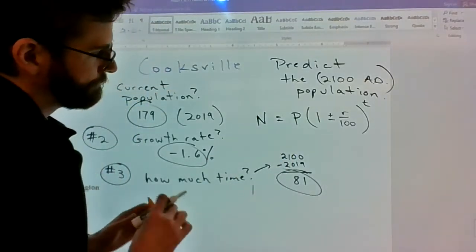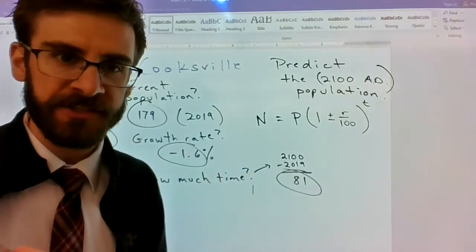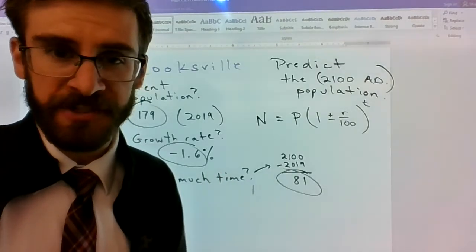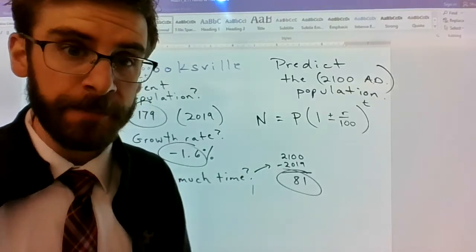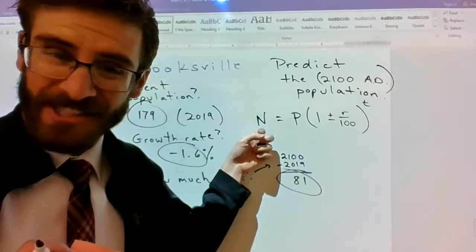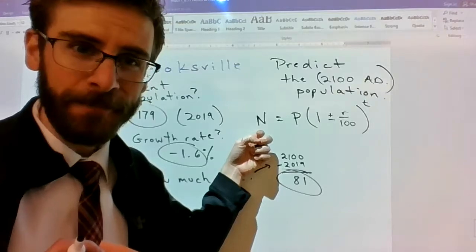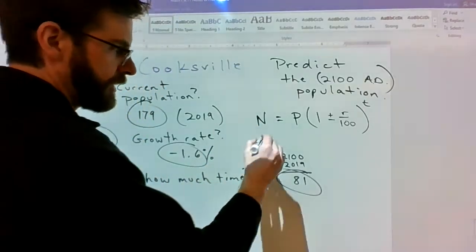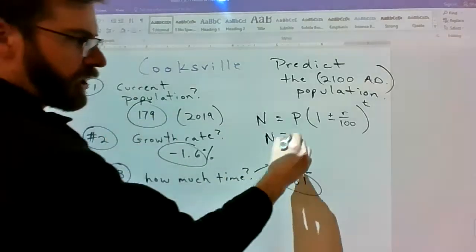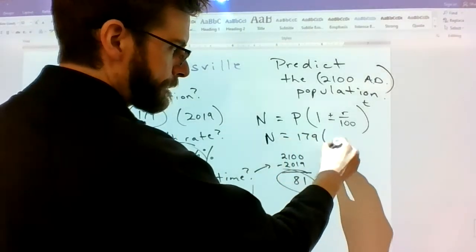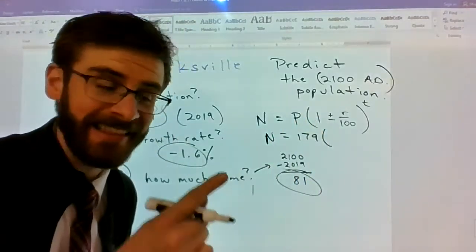Again, the explanation for this takes a little bit longer, in which I sort of say, what would be the population in 2022, 2023? It'd be much better if we had a formula. That's the formula we came up with. So the new population. What do we plug in for our original? The original population was 179. That 1 is a constant that never changes.